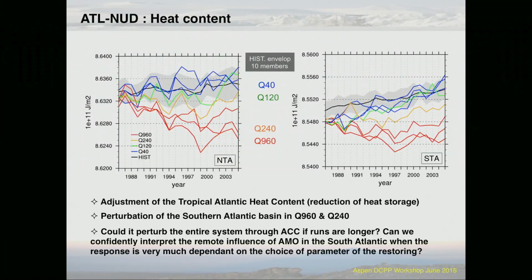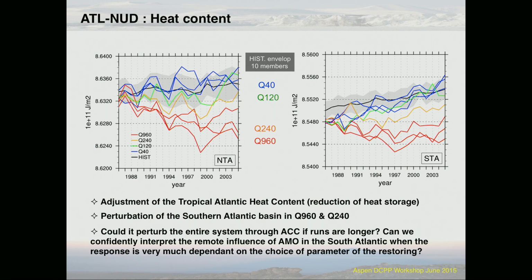These runs were only 20 years long, but if we run them for 100 years, it's going to affect the entire Austral Ocean and then the entire equilibrium of the model. It's starting a little bit; I can see some signal with a strong restoring in the ACC. It's not significant, but I can really start seeing things propagating in the ACC.